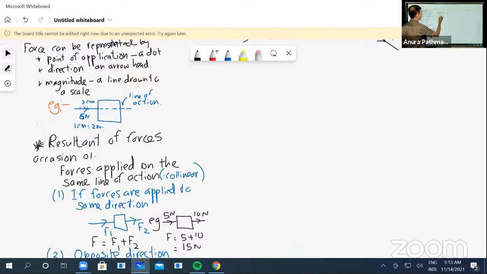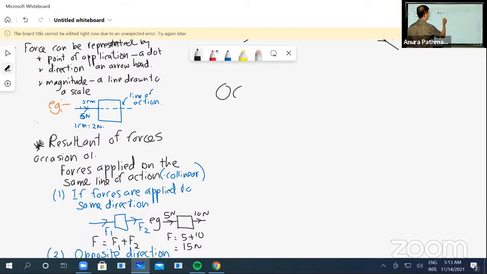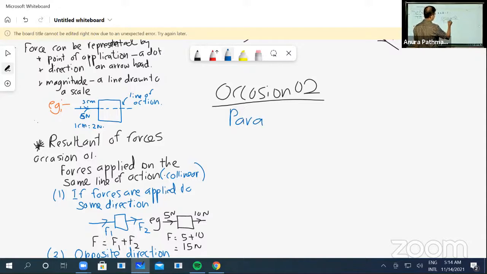Occasion 2, what am I going to say? The forces applied parallelly. Parallel forces.